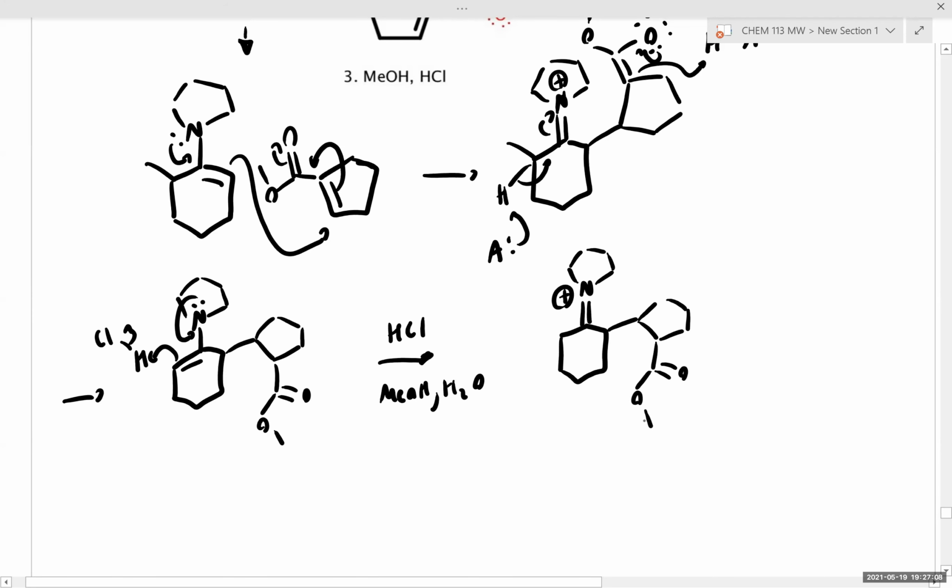How do we hydrolyze this imine? This iminium carbon is electrophilic, so methoxide or even water can attack. If we want to hydrolyze, we're likely going to need water to attack.